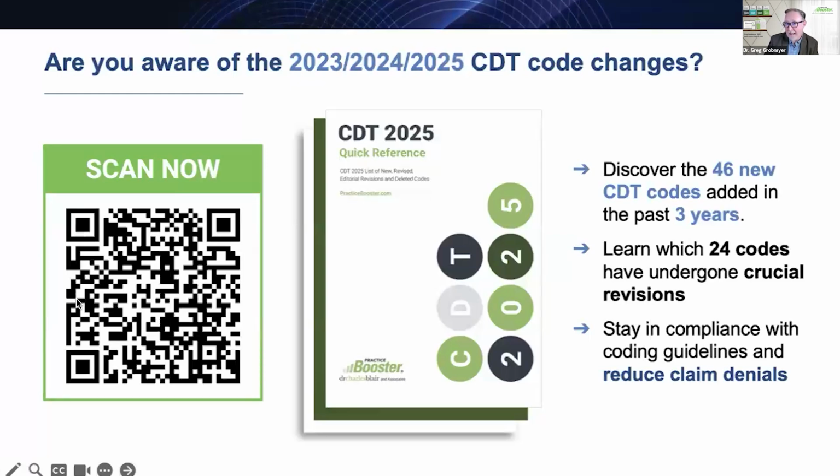And so now, can you submit using unspecified codes? There's a 4999, there's even a 2999 that could be appropriate for things like laser bacterial reduction, LBR, and things like that. It's a little gray, okay?